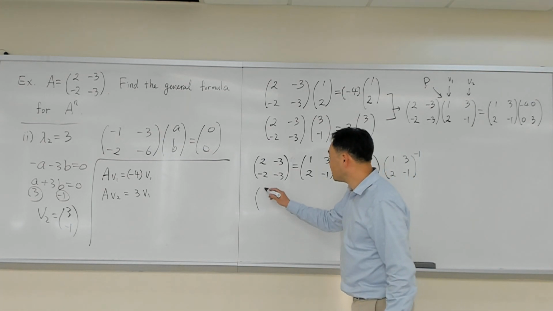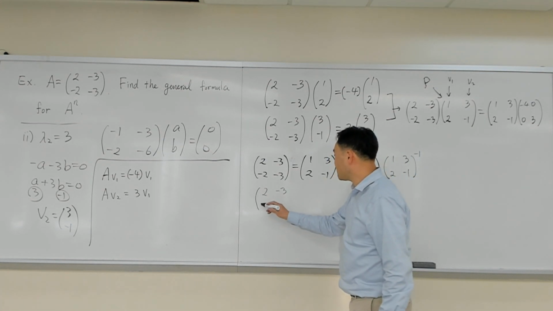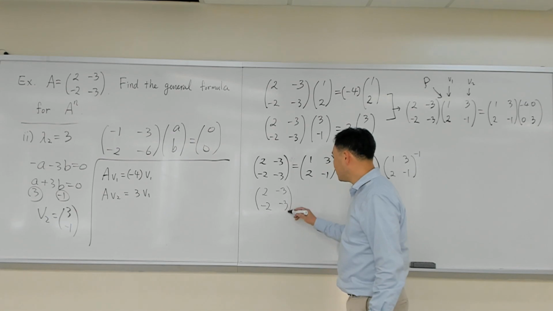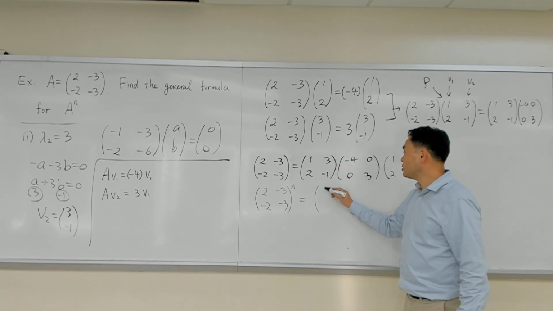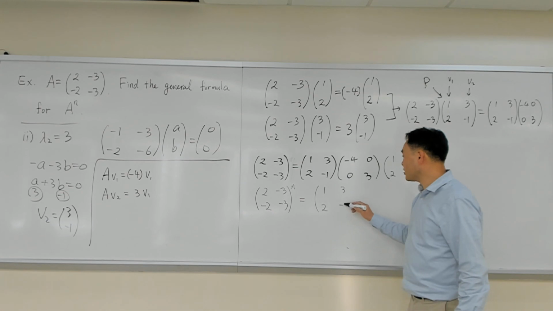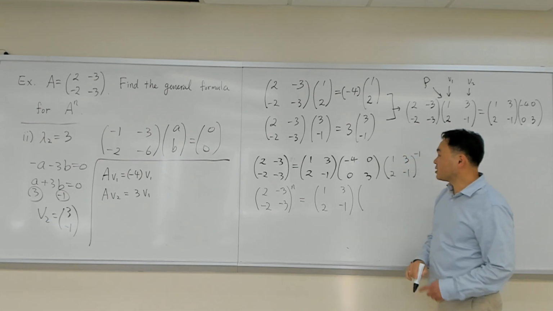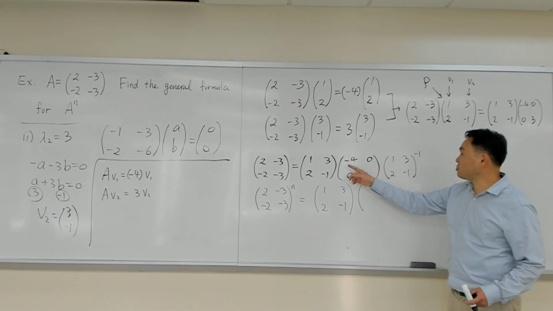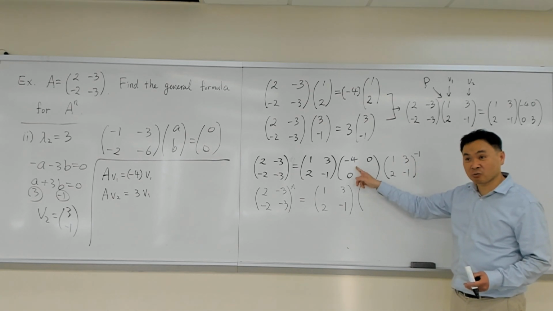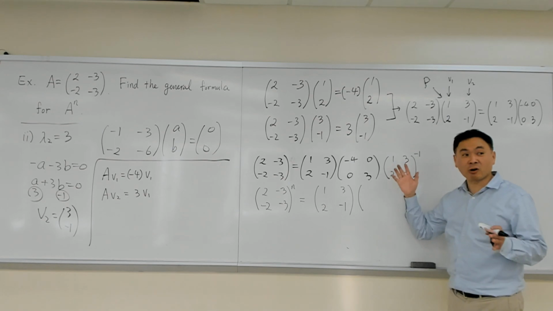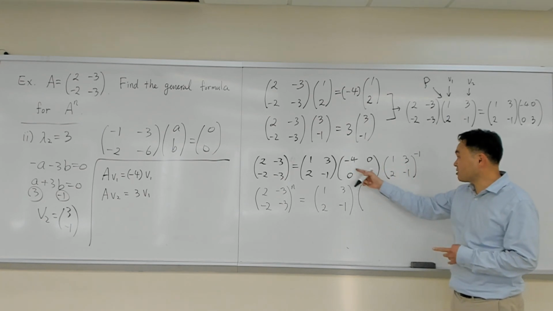We have now 2, negative 3, negative 2, negative 3 to the nth power equals 1, 3, 2, negative 1. We watched how the P and P inverse cancel inside, and you really just get the nth power for this one. These don't get powered by n, those don't appear, only this one.